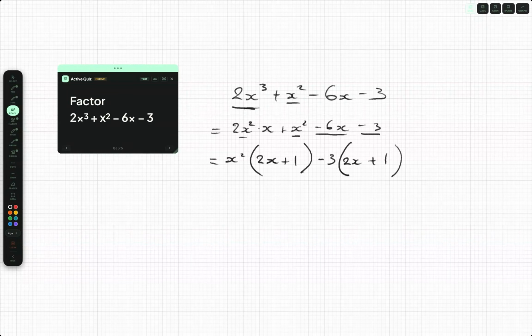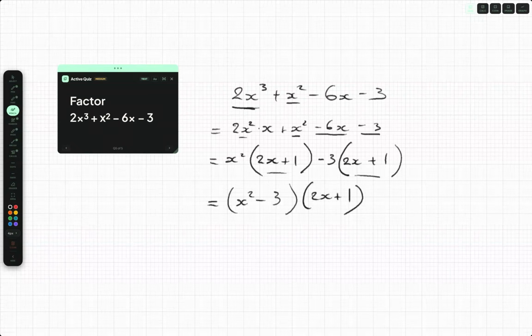And now we have the same binomial between them, and we can rewrite this as x squared minus 3 times 2x plus 1. So that is the reason why you have to check that you end up with the same binomial. Otherwise you might just make a mistake.